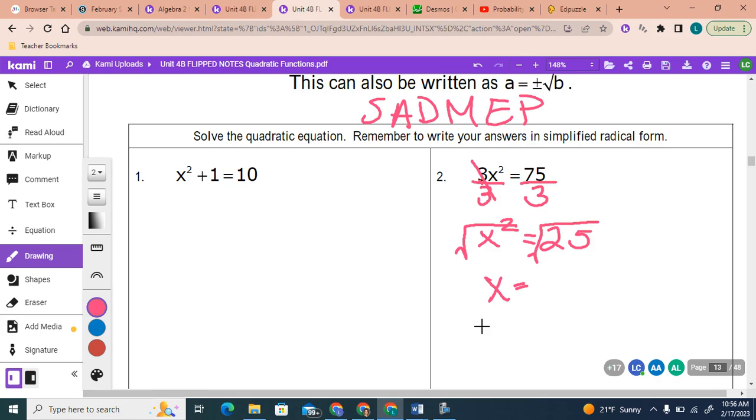So x doesn't only equal positive 5, it also equals negative 5 because negative 5 squared is 25 and so is 5 squared. So we actually have 2 different possible answers for x. It could be negative 5 or it could be positive 5. Both of those squared would give me 25.